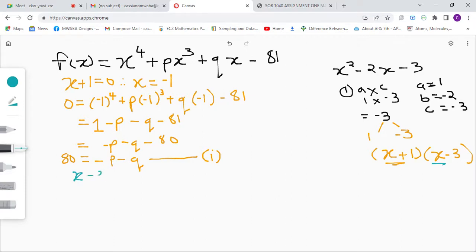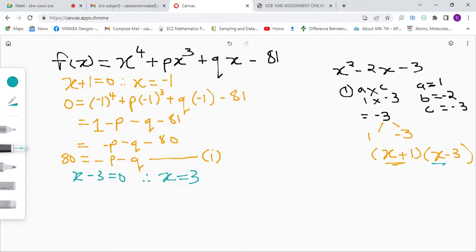All right, we go to the next factor, which is x minus 3. So x minus 3 equals 0. Therefore, x is going to equal positive 3.